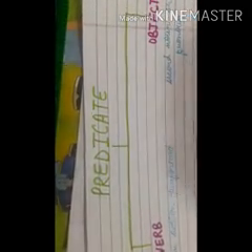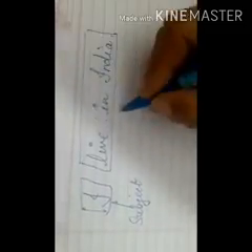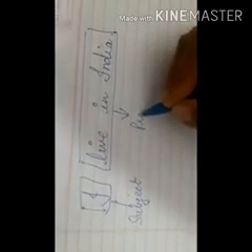Let's take an example to understand this. The example is, I live in India. Now in this sentence, I is the subject and live in India is the predicate.